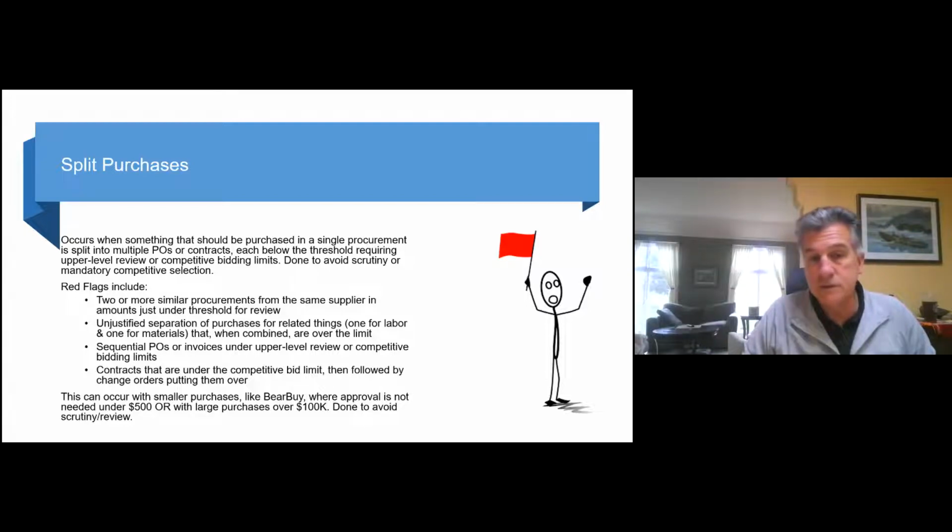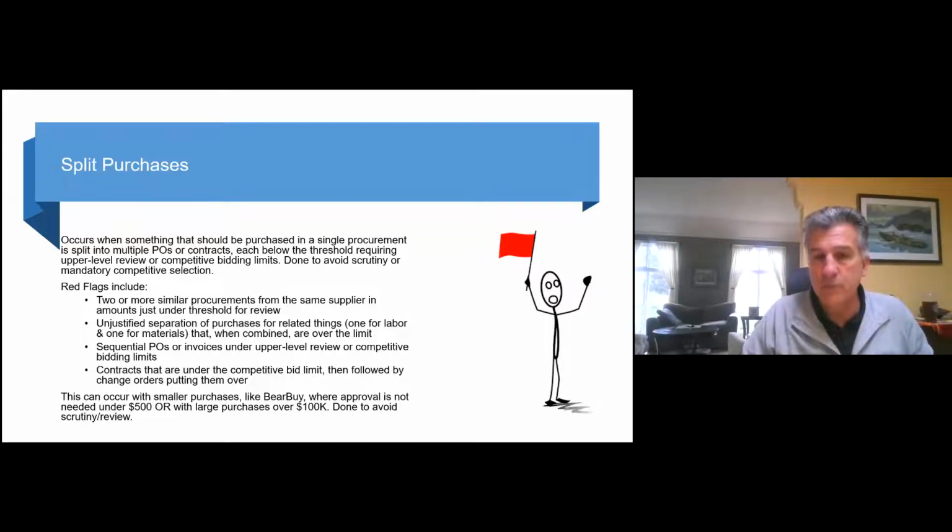Red flags for this might include two or more similar procurements from the same supplier in amounts just under the threshold for review, unjustified separation of purchases for related things. For example, one contract for labor and one for materials, that when you combine them, they're over the limit. Sequential purchase orders or invoices just under the upper limit for review or competitive bid limits.